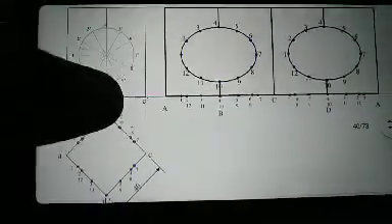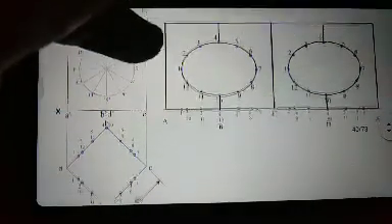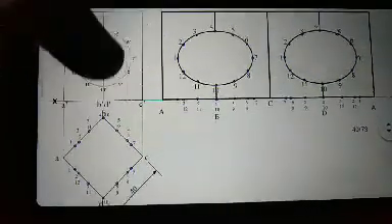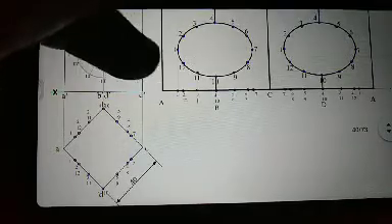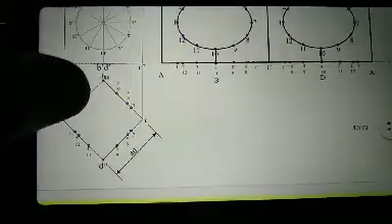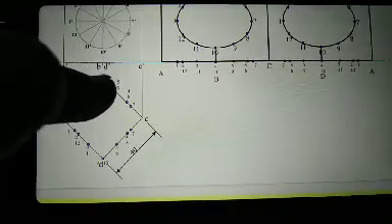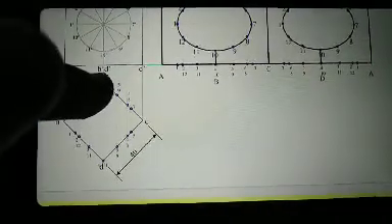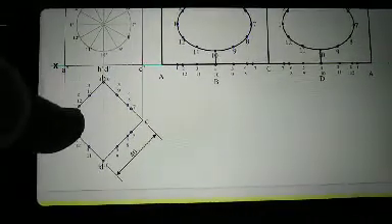Now similarly you have to draw the points on A, B, C, D, such as in between A to B there are different points. A to B, 1 to 2 is here.